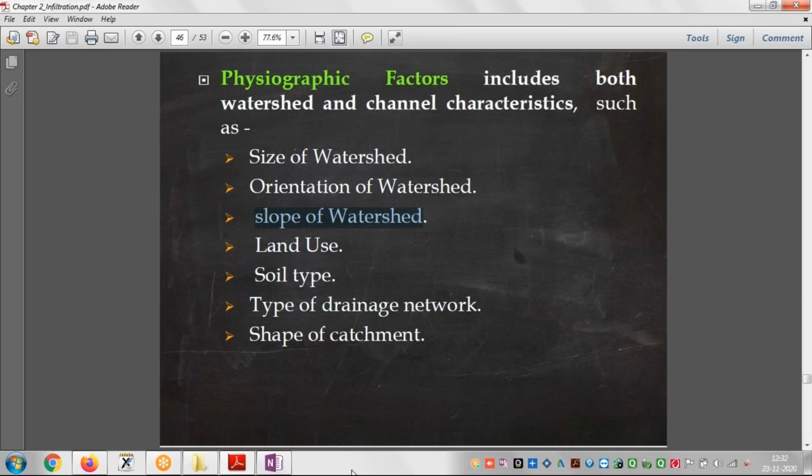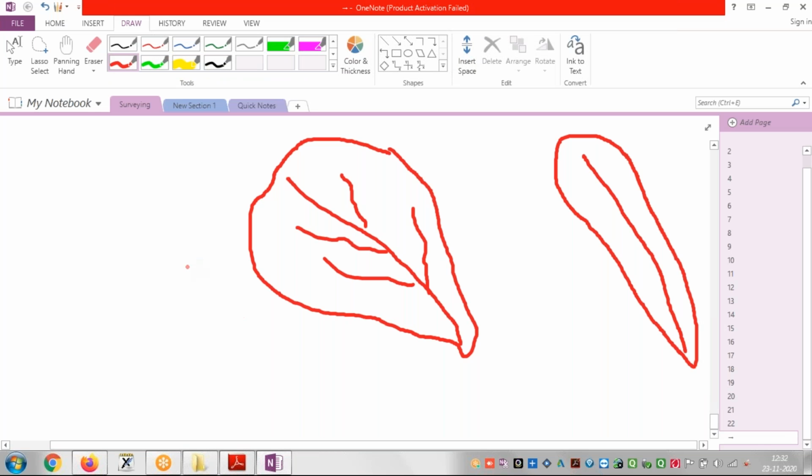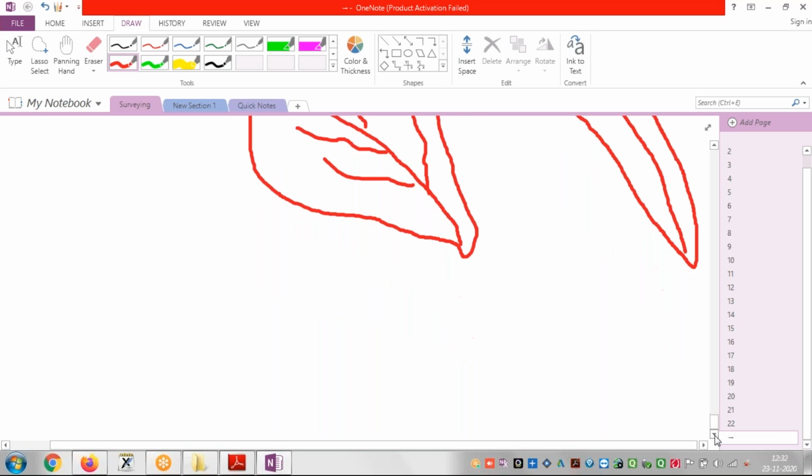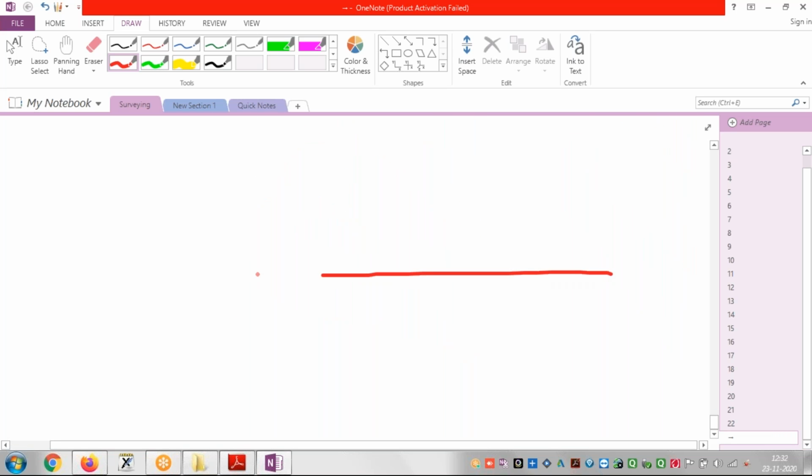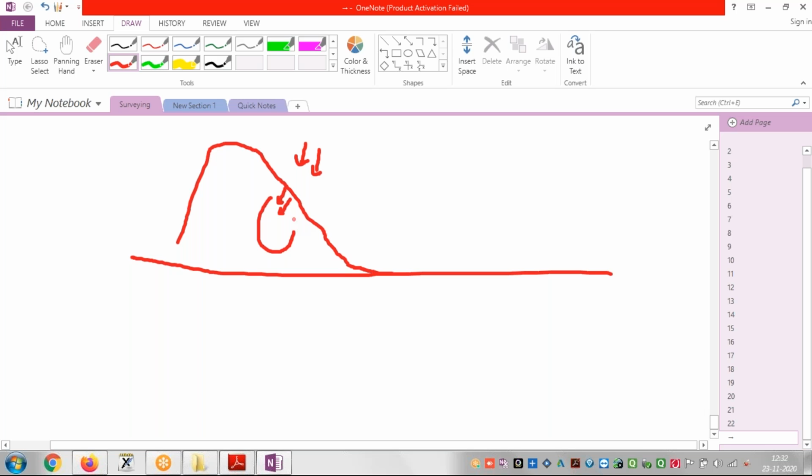Then slope of the watershed. Slope of the watershed means what? If a hilly region is there, see, if this is the surface and rainfall occurs, what will happen? A very small amount of water will go into the soil and most of the water will flow here, right? Because of this slope, this theta angle.